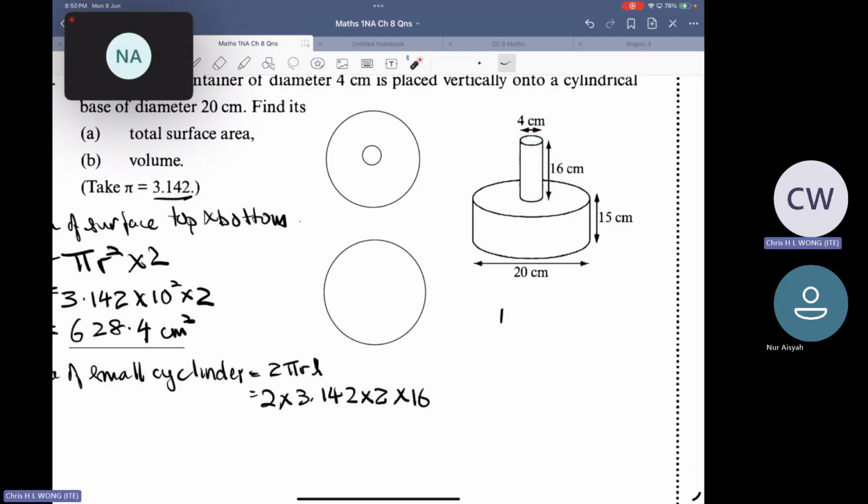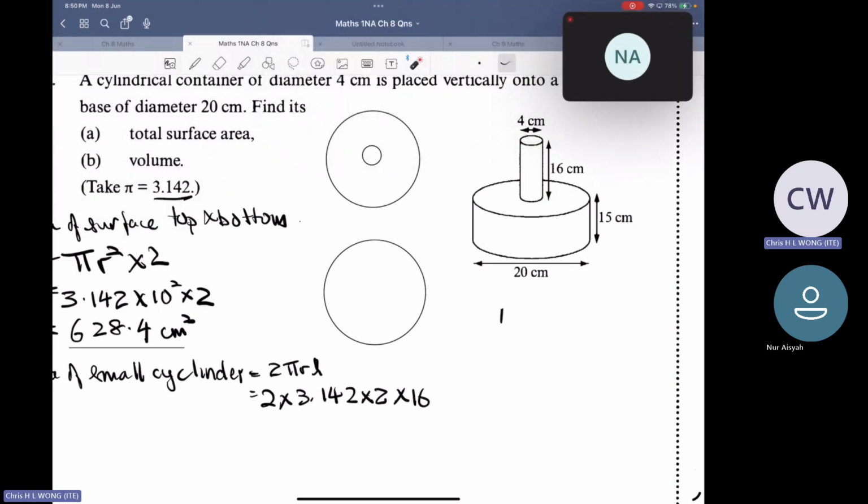Equals 201.088. What is the unit? Cm square, right?